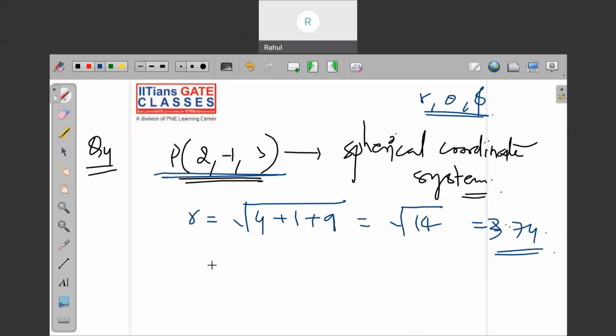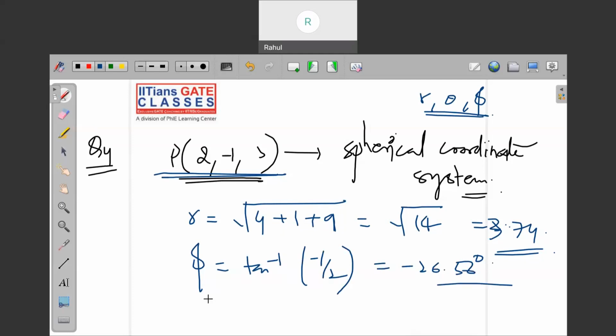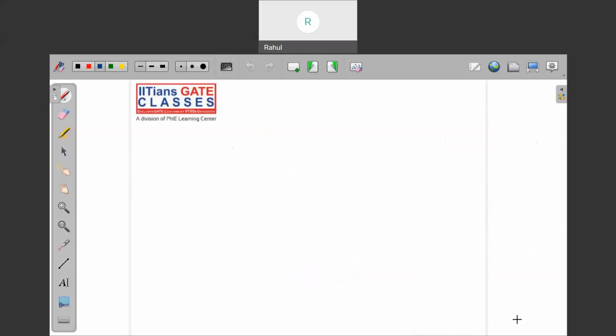And phi you can get from tan inverse of -1 by 2, which in degrees is -26.56 degrees. And theta you will get from cos inverse z by r, which is 36.69 degrees. So this is very important to keep in mind.